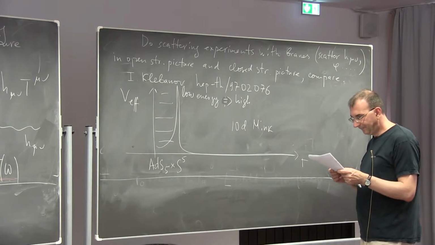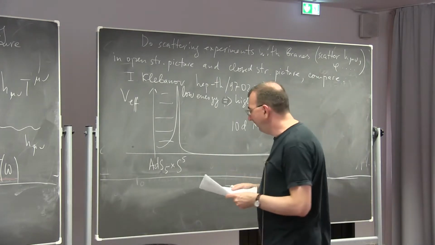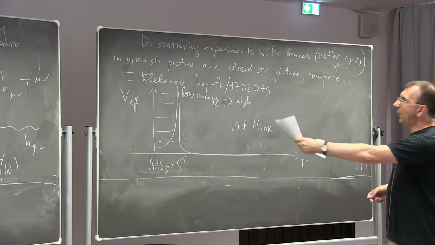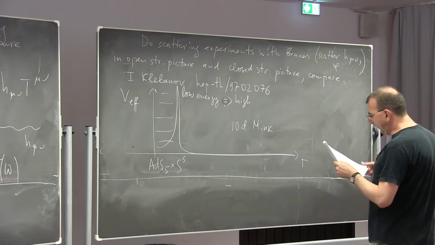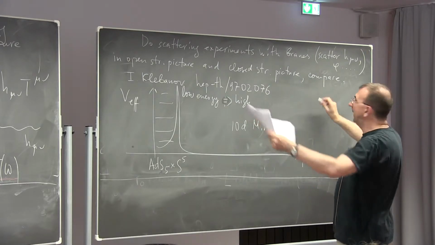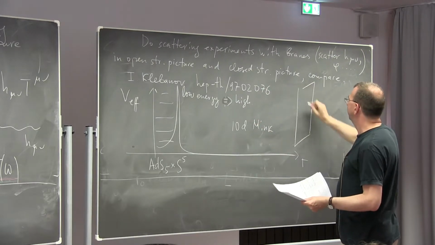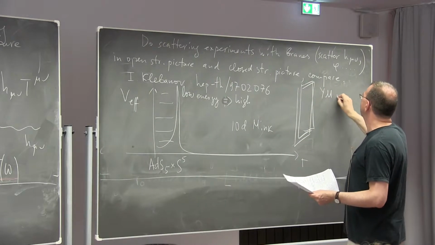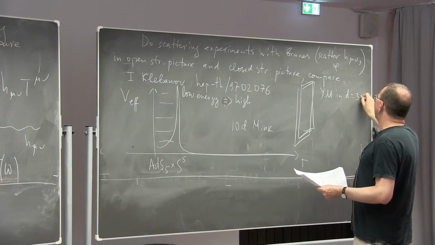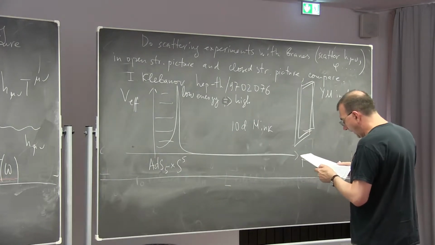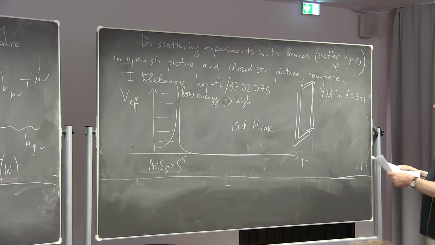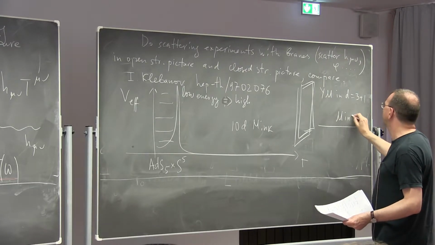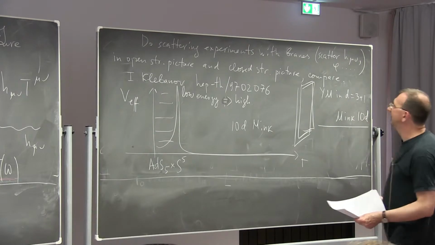But in the open string picture, you have Yang-Mills theory of a particular type. So in this picture, you have Yang-Mills theory in 3+1 dimensions, in flat Minkowski space, and then Minkowski space in 10D.